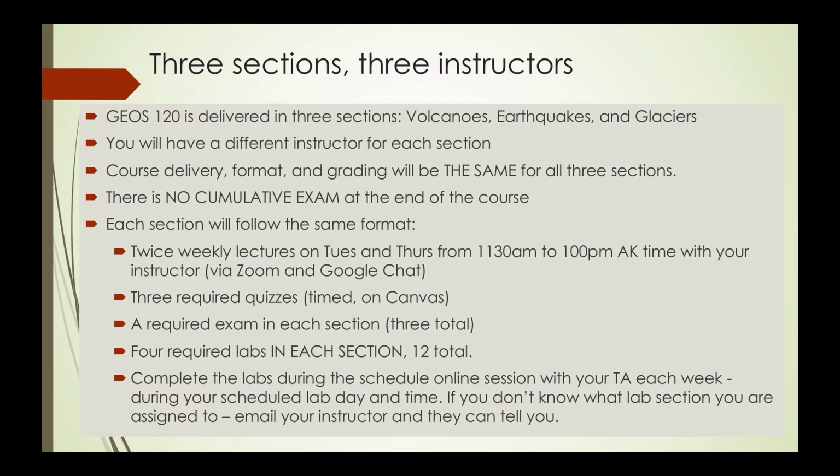There will be 3 total exams in the course. 4 required labs in each section, 12 required labs total. Complete the labs again during the scheduled online session with your TA each week. And if you don't know what lab section you're assigned to, check the course section you registered for in UA Online. Or if you can't find it there, you can email your instructor and they can tell you.